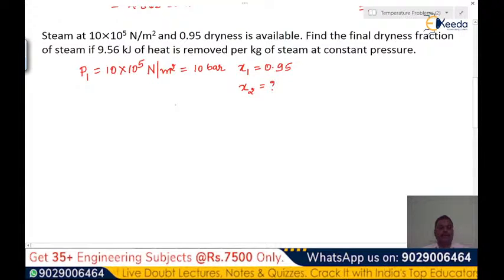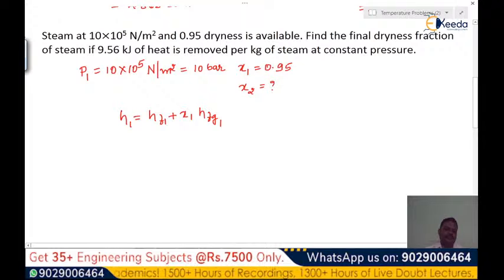So for that, let us find out H1, that is the enthalpy of wet steam. That enthalpy of wet steam H1 is equal to HF1 plus X1 into HFG1. So now let us have these HF1 and HFG1 at 10 bar from the data handbook.